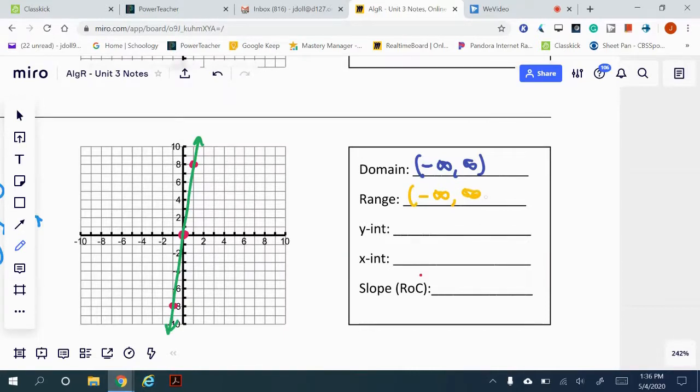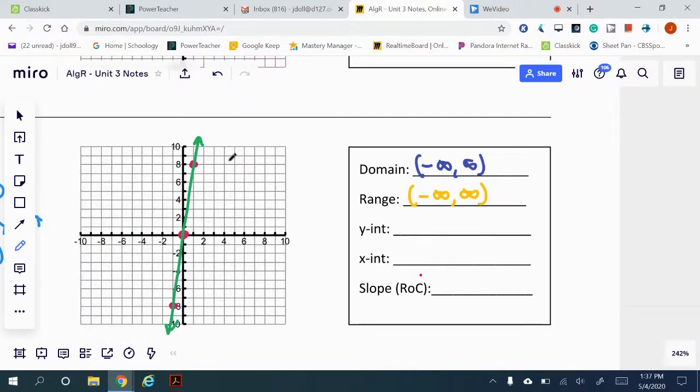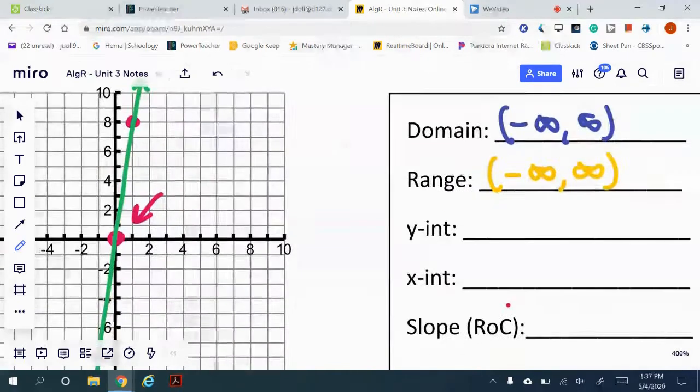And this actually just made our lives a lot easier with our x and y intercepts, because where this graph crosses the x-intercept is exactly the same point it crosses the y-intercept, right? Let me just change colors here so this stands out a little bit more. We see here, guys, that this is the x-intercept and it's also the y-intercept, and that's fine.